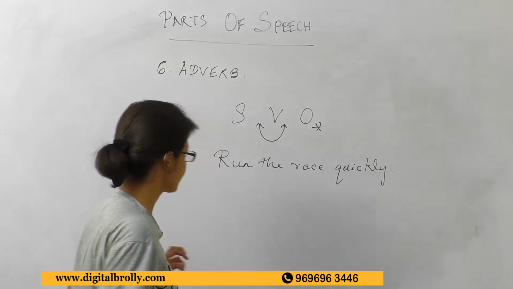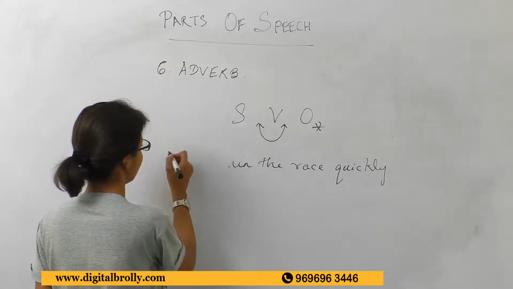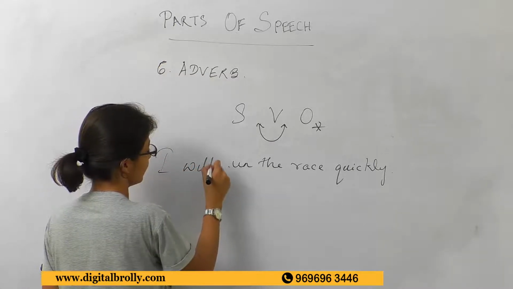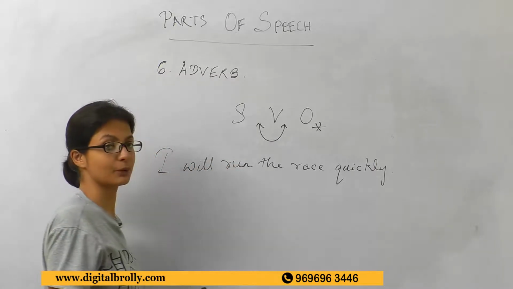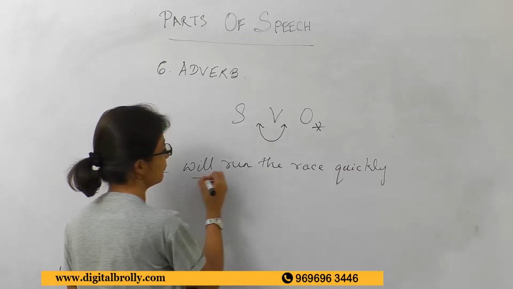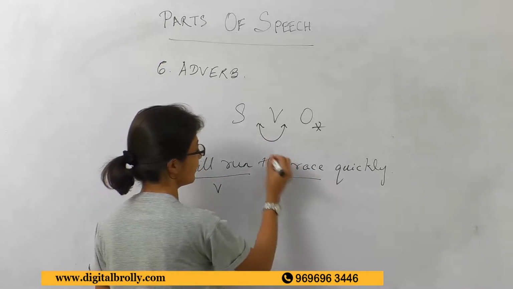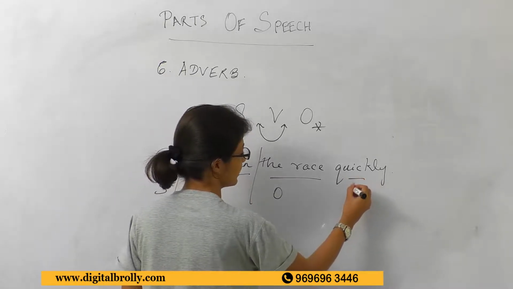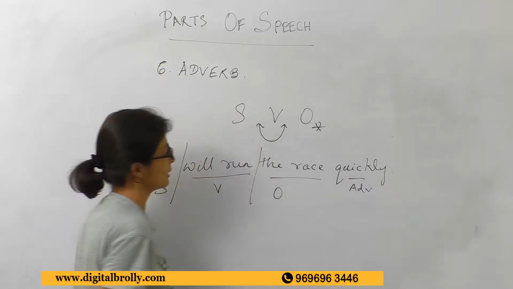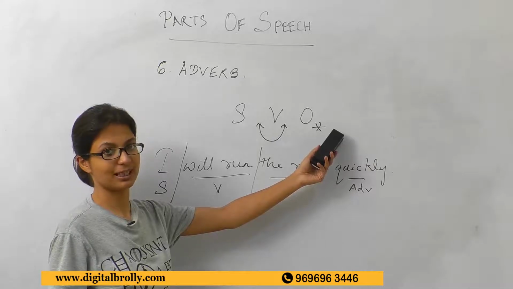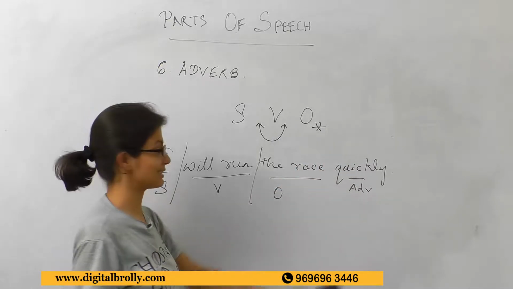Okay, I'll just change the sentence a little. I will run the race quickly. Here you have will run as your verb, this as your subject, the race as your object, and here is your adverb. So it is taking this position, that is the object position in a sentence.